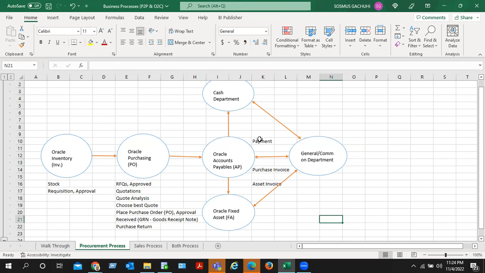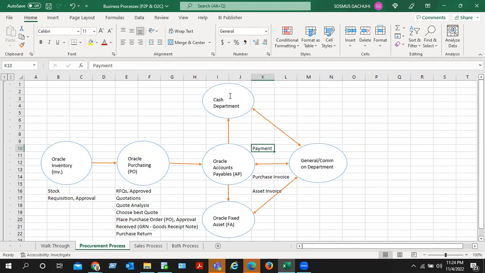Then, once the payment has been done, of course, the information has to be shared. The Oracle Accounts Payable application has to share that information with the Cash Department. And what the Cash Department usually does is maintain bank accounts, which are the bank accounts of an organization, and do bank statement reconciliation.